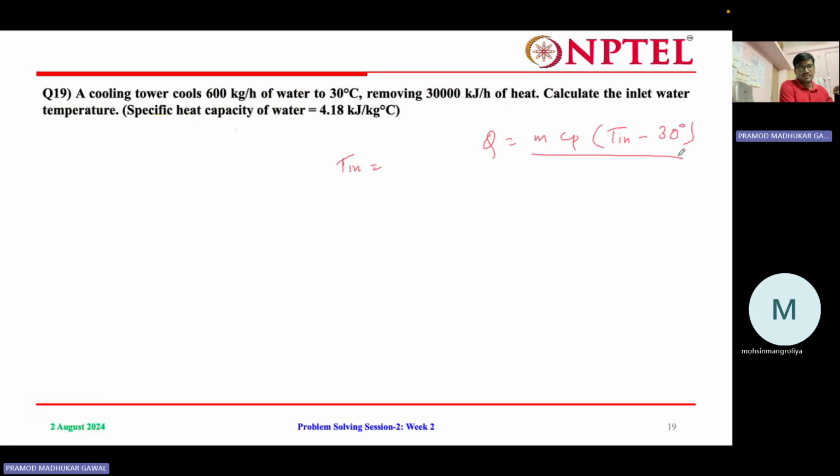One minute, I'm calculating. The inlet temperature is 41.96 degrees Celsius.